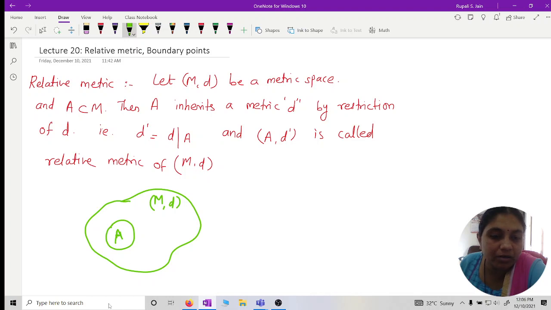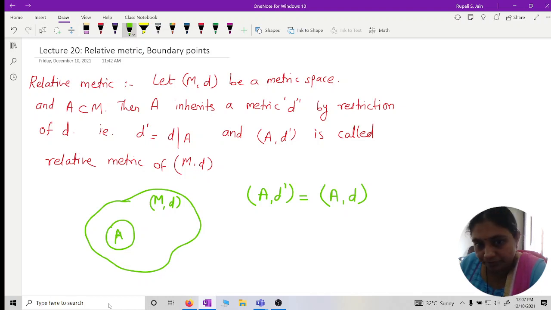That means A together with that D is called the relative metric space of M. Just we are restricting that D to a subset of M. So we say this (A, D dash) is nothing but (A, D) only, because the metric is the same, the function is the same, only the set we are restricting.